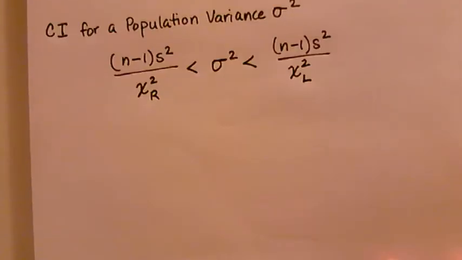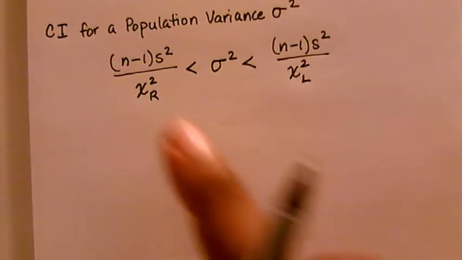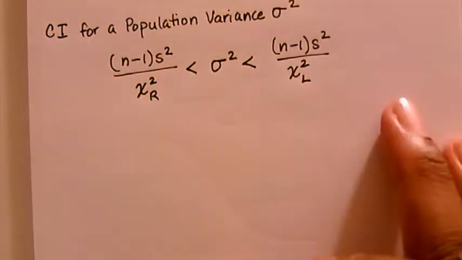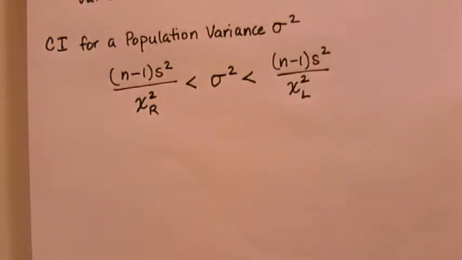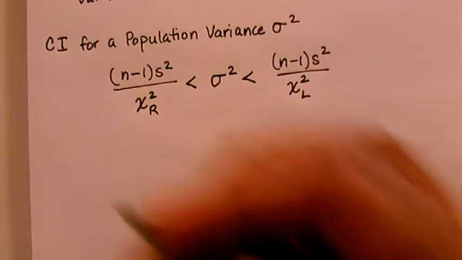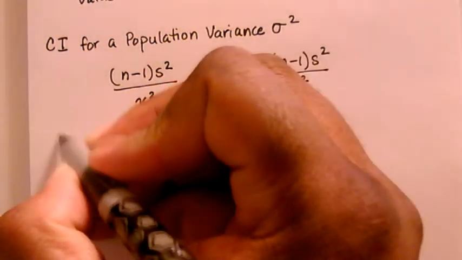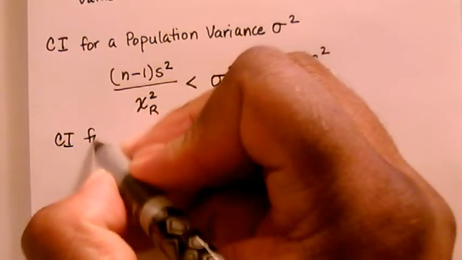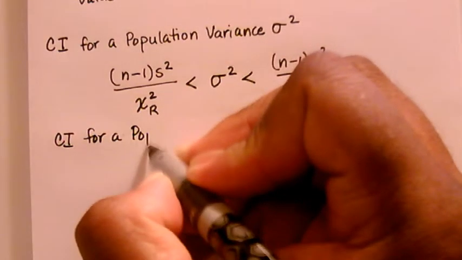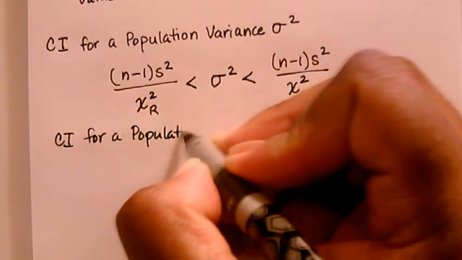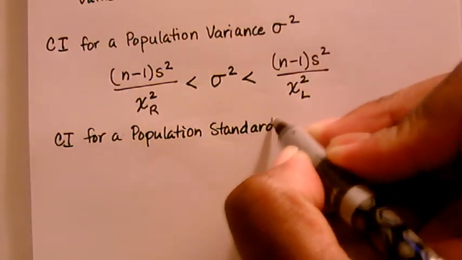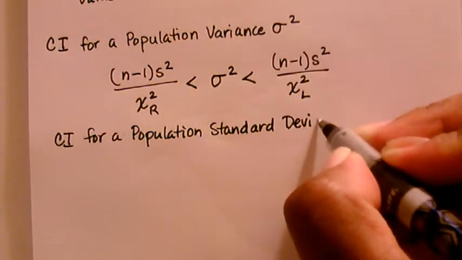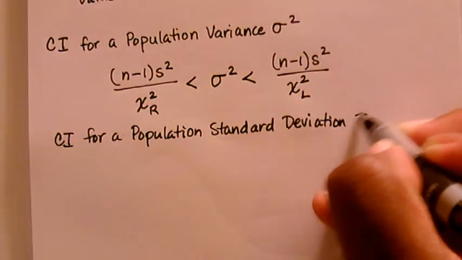So that's the confidence interval for a population variance. But for a standard deviation, we just simply take the square root of this compound inequality, because we know for a population standard deviation, you just simply take the square root of the variance. So here's your confidence interval for a population standard deviation, or just simply sigma.